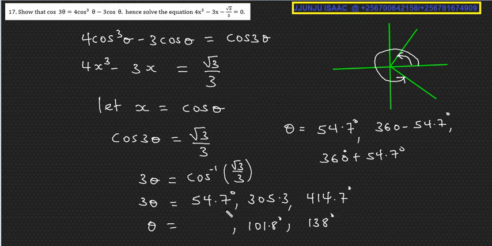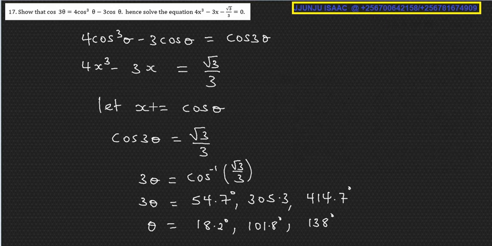And then 54.7 divided by 3, we get 18.2 degrees. So we are going to stop on only 3 because we are solving a polynomial with 3 roots. There are so many angles which can satisfy the theta, but now we are going to stop on the first 3 roots here. So let us see now what we get.